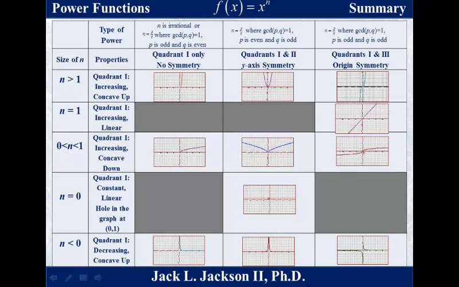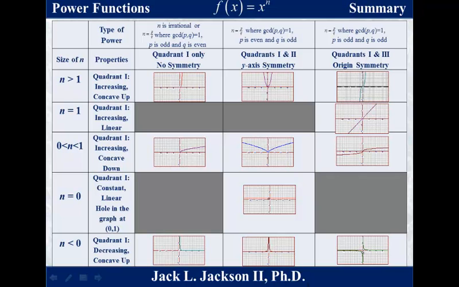The next one, like maybe a cube root function, for example, is one where it's odd over odd, but the whole power is between 0 and 1. In the first quadrant it's still increasing because of the positive power, but this time it's increasing, concave down. Rotate around to the third quadrant, you get increasing, concave up, and again we have an inflection point at the origin.